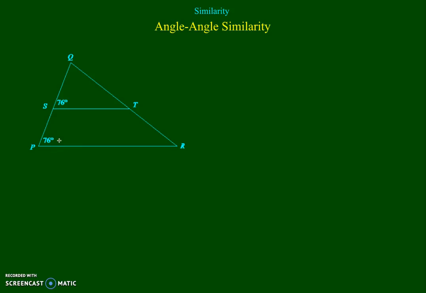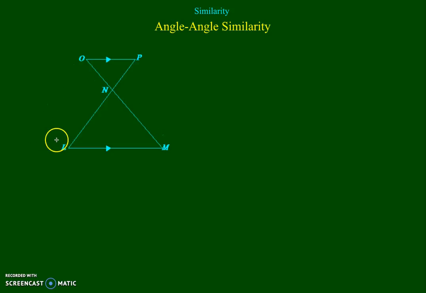Let's go ahead and work yet another example. In this example, we're going to have to dig a little bit deeper, but not too far. We can see that angle LNM and ONP are vertical angles. So these two angles are congruent by the vertical angle congruence theorem.